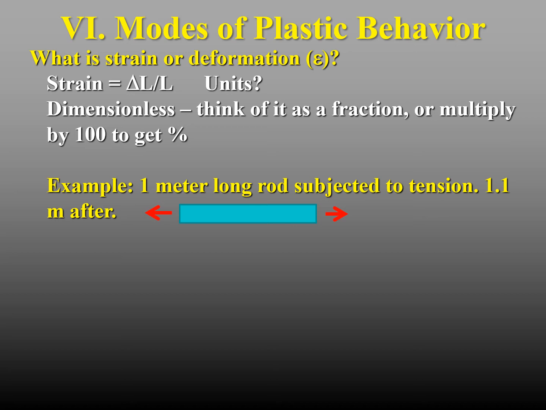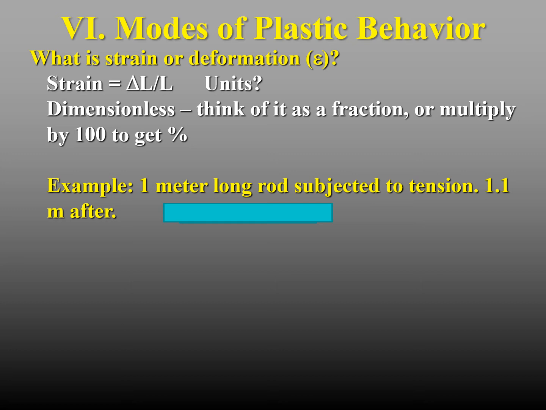So let's say we have a meter-long rod, just like I had with this eraser, but we'll make it a meter. Math works out really nice in this case. And I put it under tension, like I show here. And when I'm done, it's 1.1 meters long. What's the change in length? 0.1 meters. What's the original length? 1 meter.